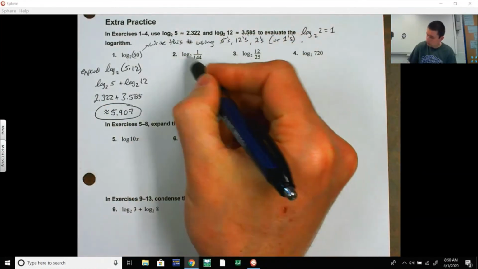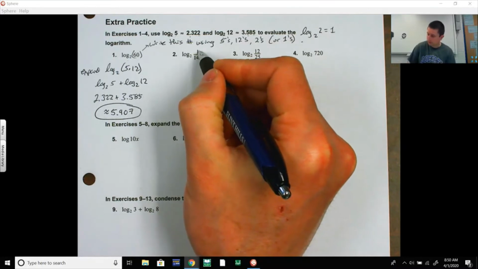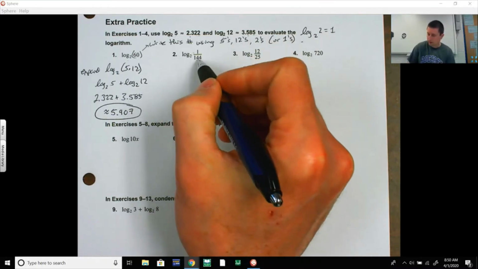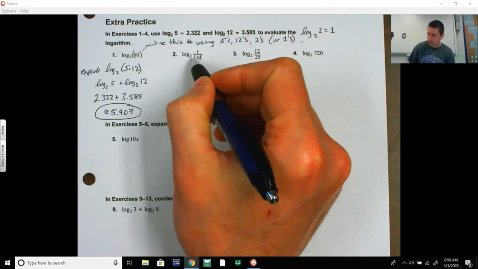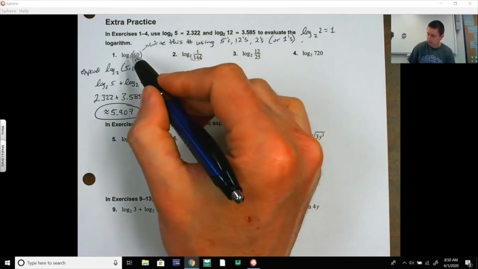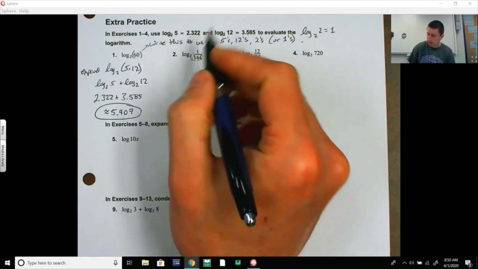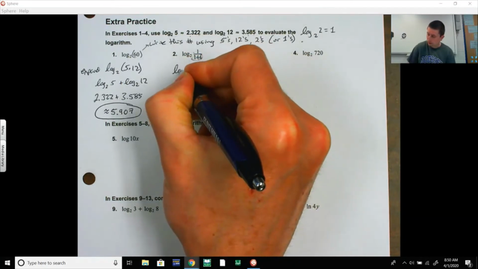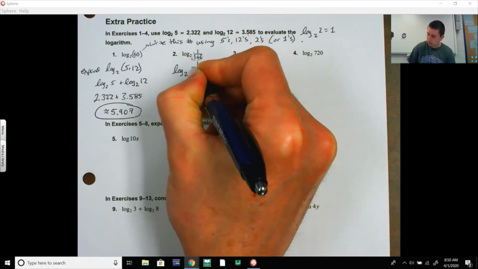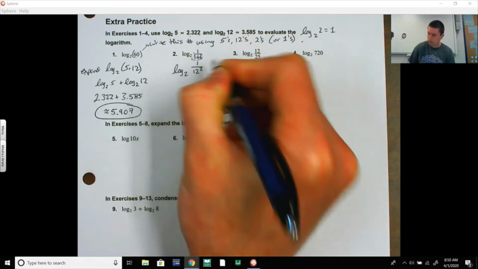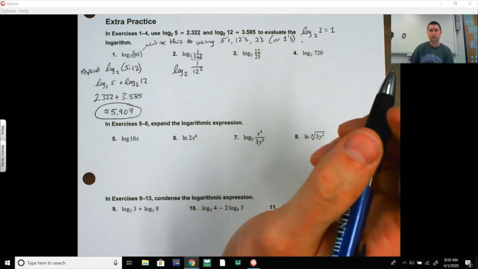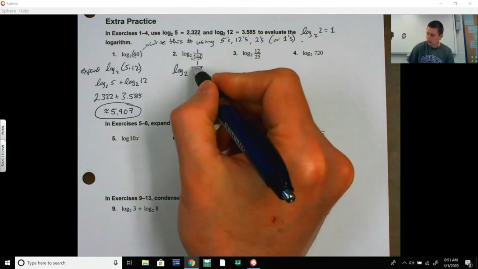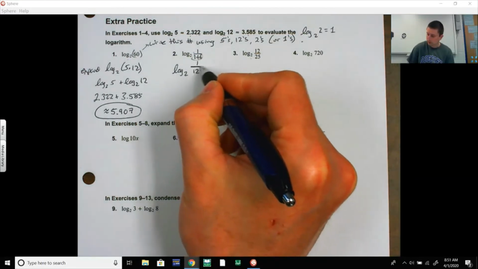Okay, log base 2 of 1 over 144. So there's the 1. That shows up 144. How can I get that 144 using 5s, 12s, or 2s? And we need to recognize that 144 is 12 squared. So log base 2 of 1 over 12 squared, or 12 times 12. Okay, I'm going to use an exponent with this. So I have a division problem going here.